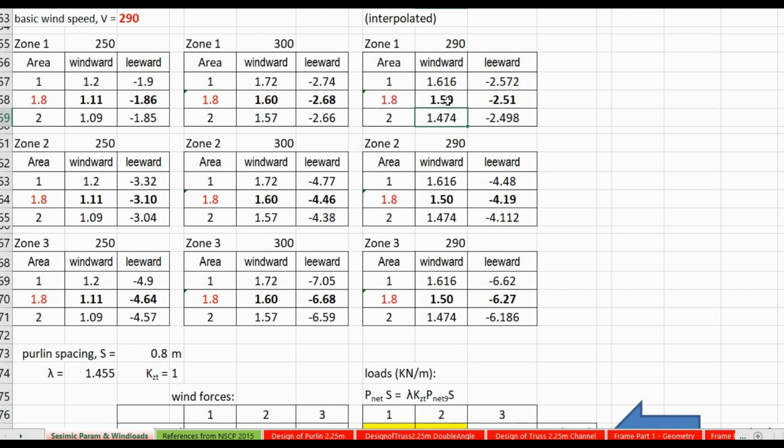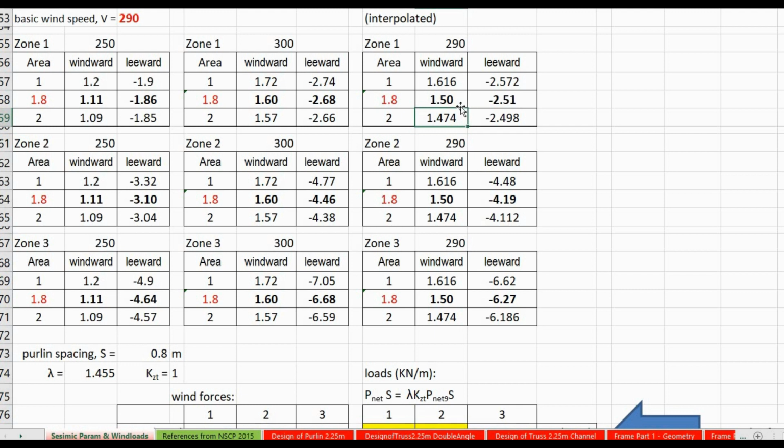And ang ating x ay 1.8, makukuha mo ngayon si 1.5. And then mag-interpolate na naman tayo between negative 2.498 and negative 2.572. Tapat mo si 1.8 dyan, makukuha mo si negative 2.51. So, ito ang kailangan natin, yung 1.5 tsaka negative 2.51.